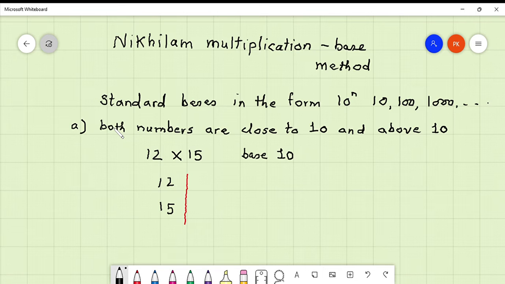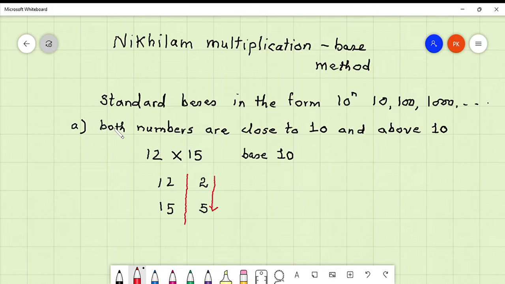Since both numbers are greater than 10, on the right hand side write how much they are greater than 10. So 12 is 2 greater than 10, so positive 2 here, and 15 is 5 greater than 10, so positive 5 here.